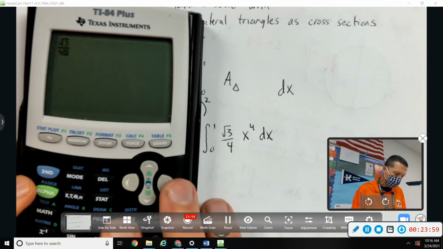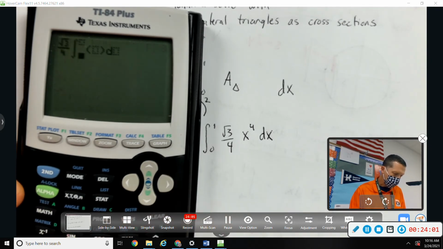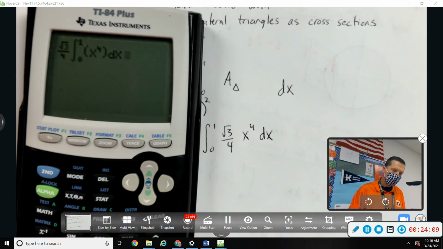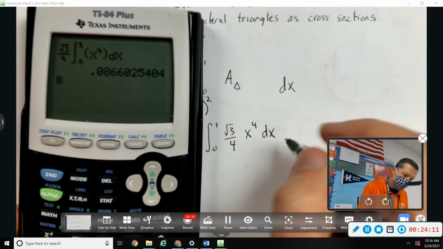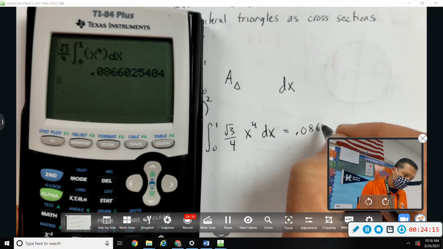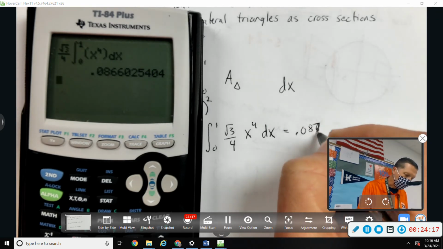Root 3 over 4 times the integral from 0 to 1, x to the 4th dx. 0.086 or 0.087, I guess, if we're rounding.